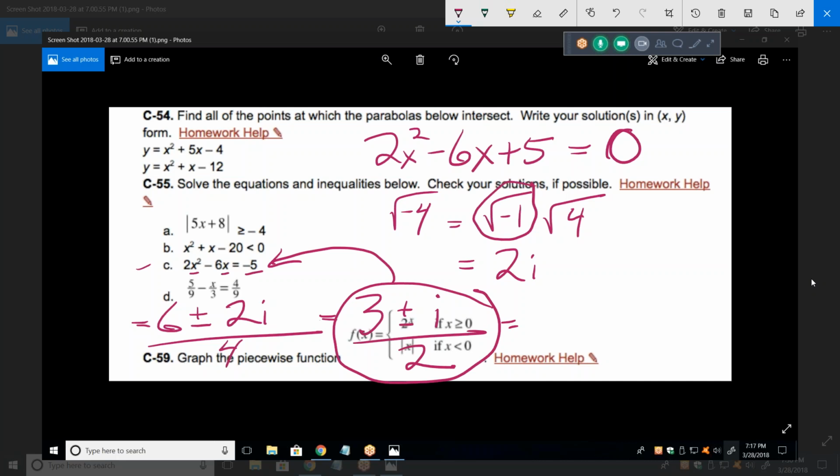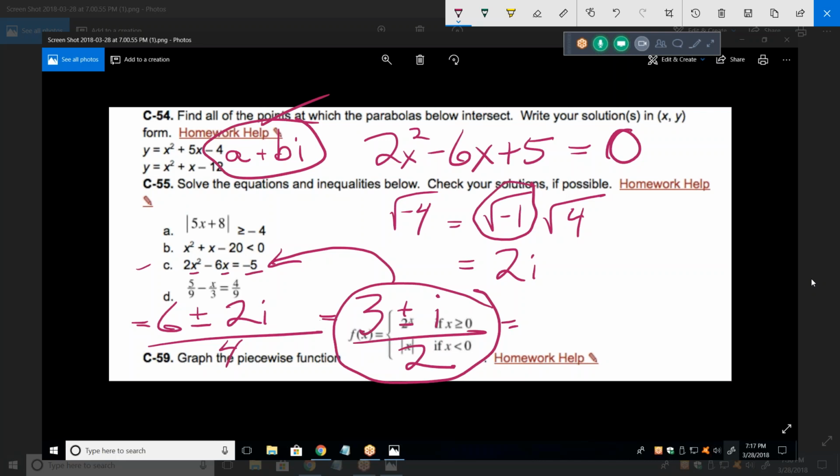The standard format for a complex number is a plus bi. If I'm going to give you a complex number, I want it in this format.